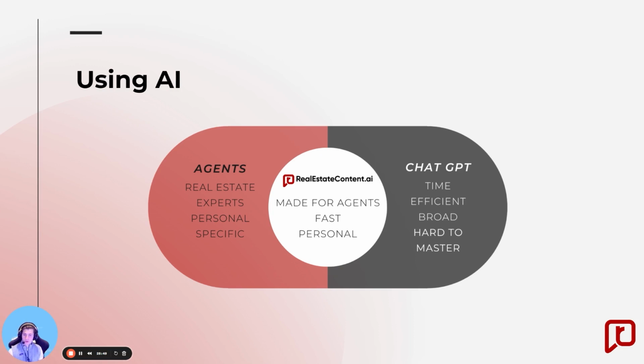But it is very broad. If you notice, why you have to use prompt packages is because you kind of have to teach ChatGPT to be an expert in real estate before you can ask it something. We call that prompting. We call it, how can I give ChatGPT context before I start asking it for information? Because ChatGPT is kind of broad. It's very, very broad. And at the end of the day, it's very hard to master.